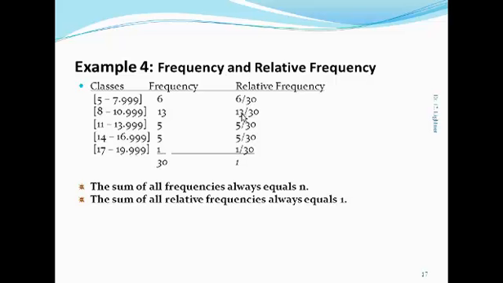Our relative frequency for the class 8 to 10.99 is 13 divided by 30. When we sum the relative frequencies for all of our classes, we obtain 1. Just to note again, the sum of all frequencies should always equal n, the total number of data values, and the sum of all relative frequencies should always equal 1.